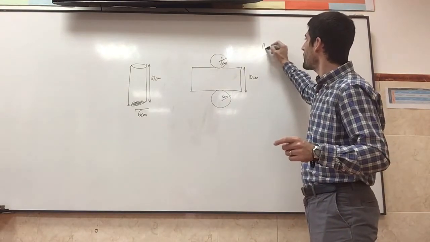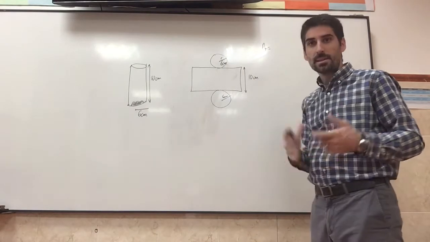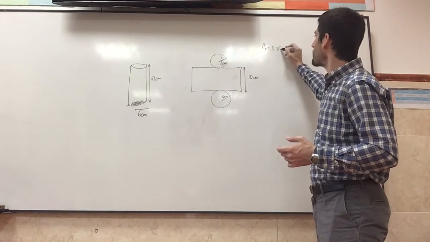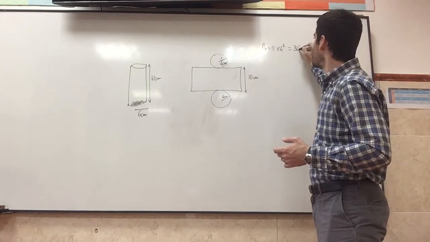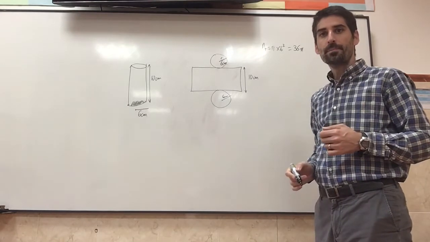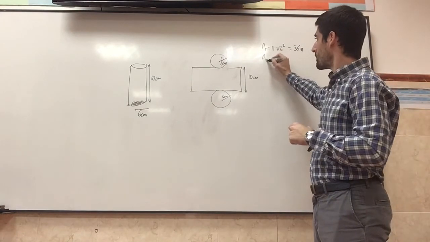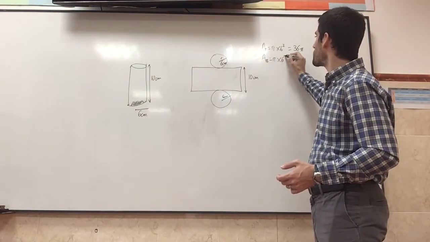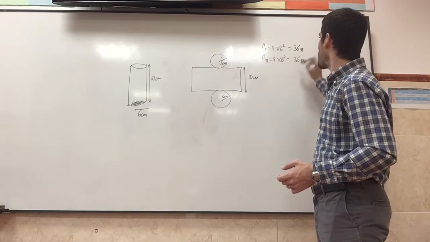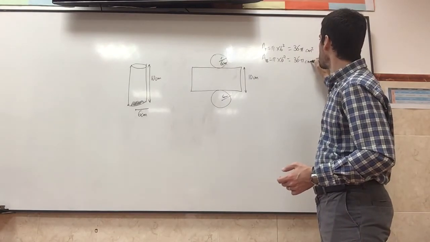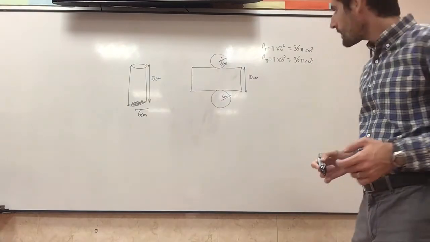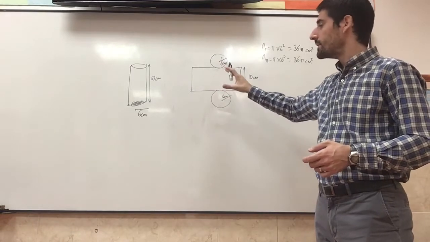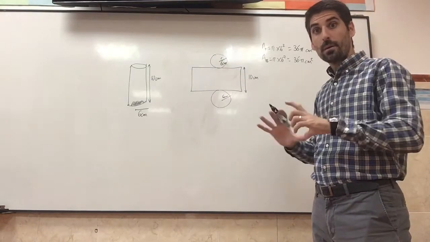The area of the top is just a circle, it's just pi r squared. So pi times 6 squared, 36 pi. And the area of the bottom is going to be the same. So pi times 6 squared, 36 pi. And it's all centimeters squared.